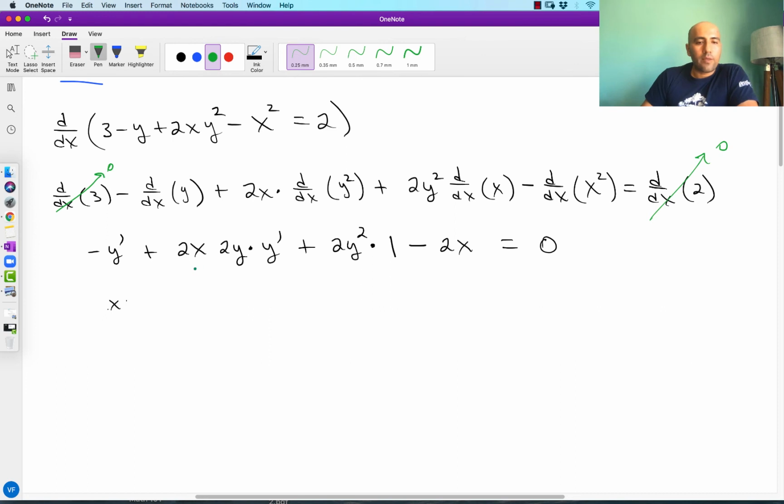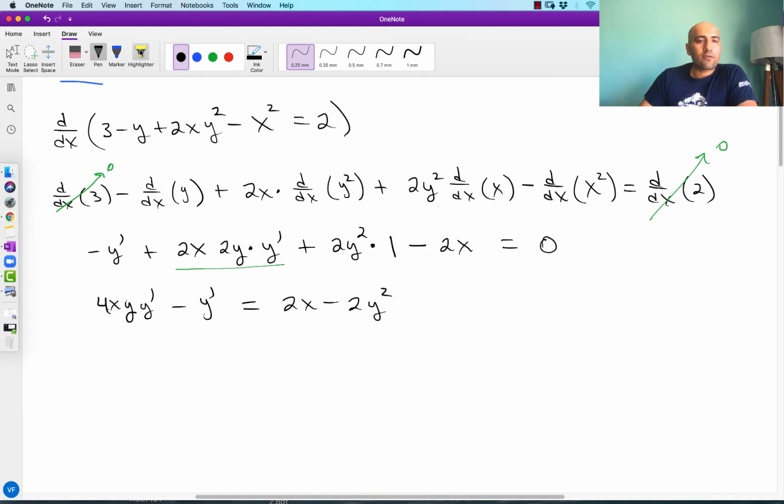So I'm multiplying these, so it'll be 4xy y prime minus y prime is equal to, now I'm going to move these two terms to the other side, so I'll make it plus 2x minus 2y squared.